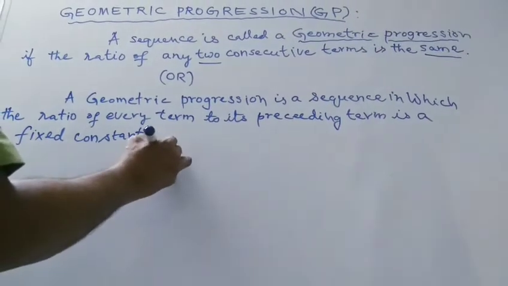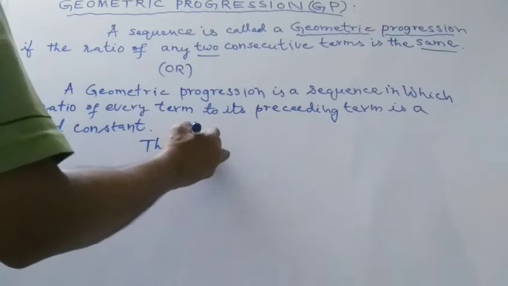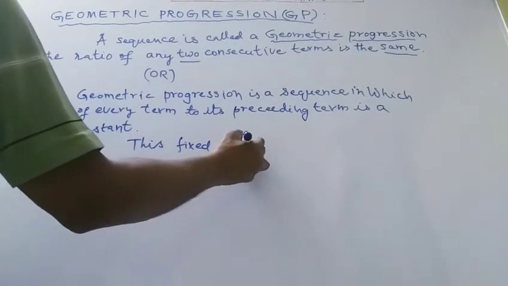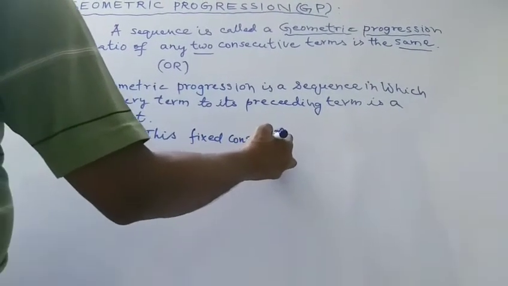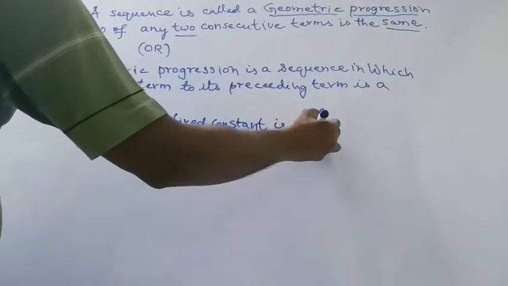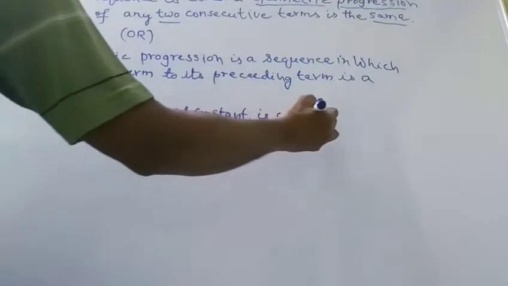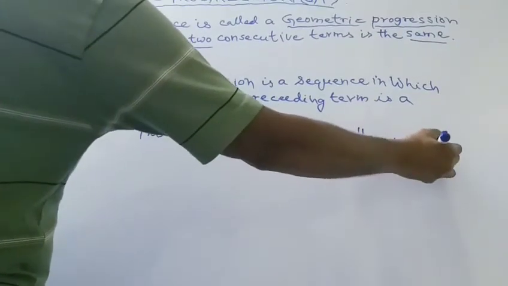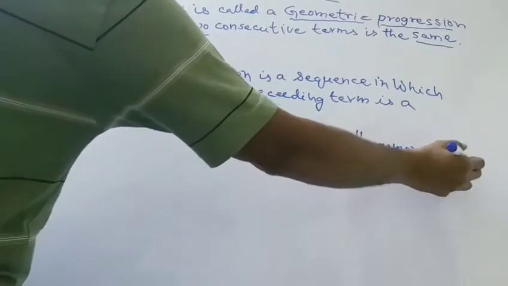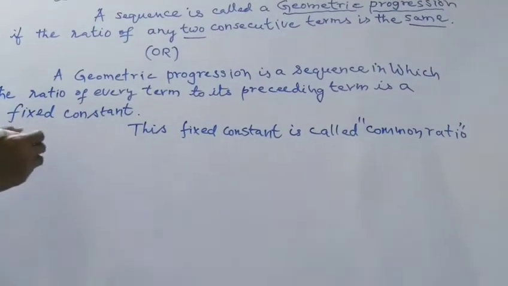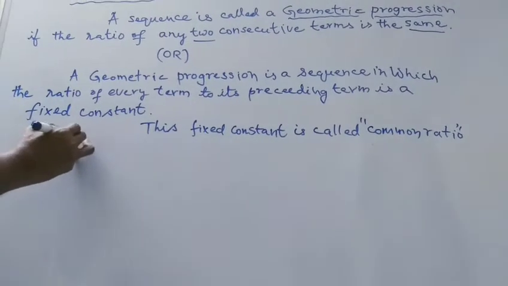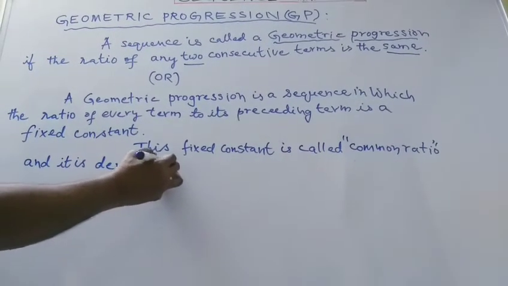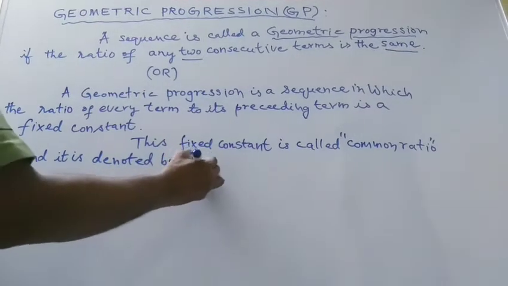This fixed constant is called common ratio, and it is denoted by r, small r.